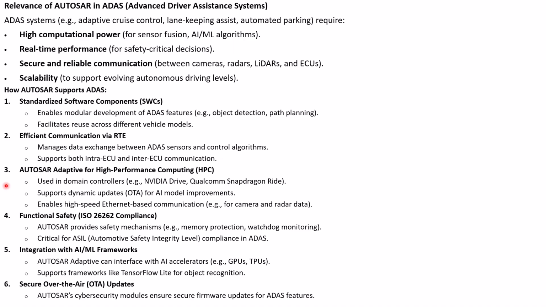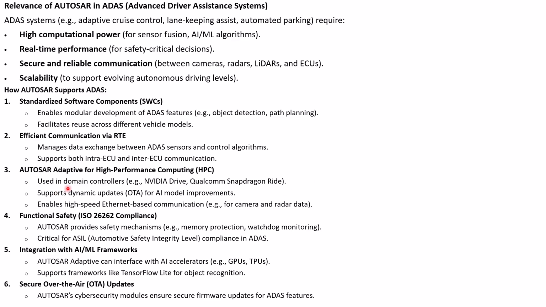Okay, so next comes Autosar Adaptive for high performance computing. I already told you that more and more automakers are moving towards high performance computing so that they can embed various ADAS features in a single ECU. An ECU is nothing but a low performance computer, and high performance computing is more like a very advanced ECU.